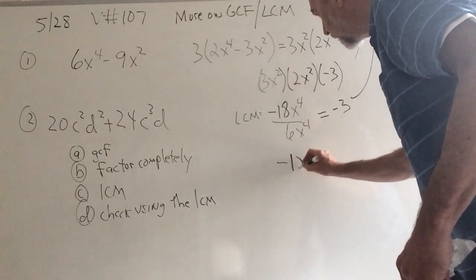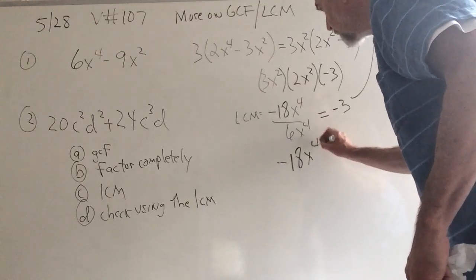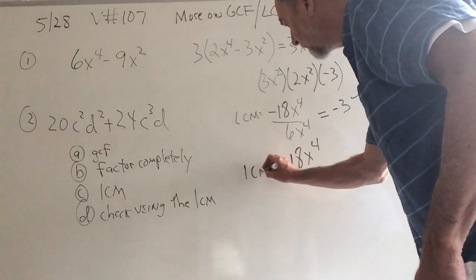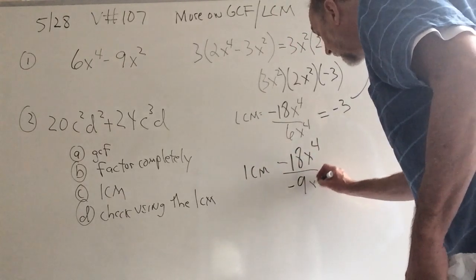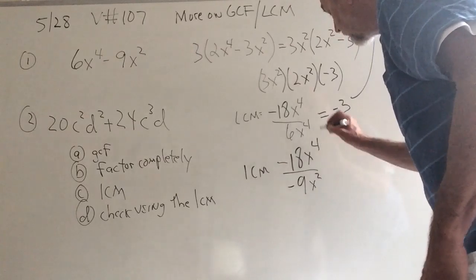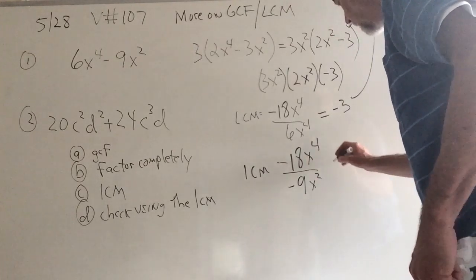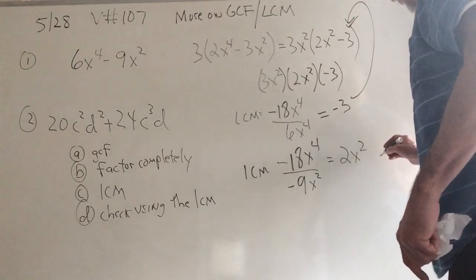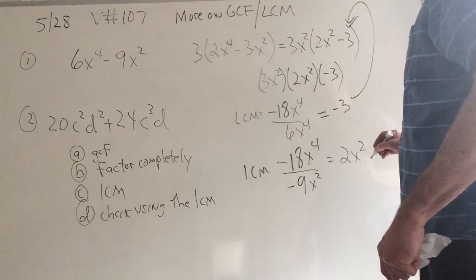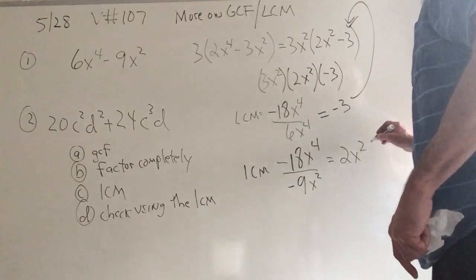And now I write the LCM one more time, and divide by the original, this time the second term, and I get negative 9x squared. So x to the fourth, 4 minus 2 is 2. A negative times a negative is a positive, and I come up with 2x squared.